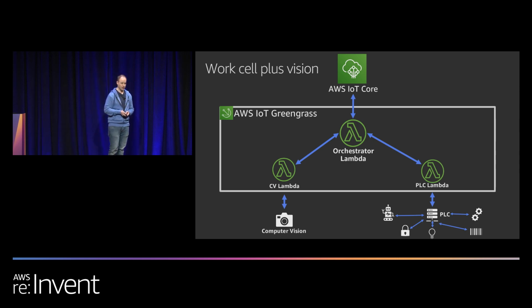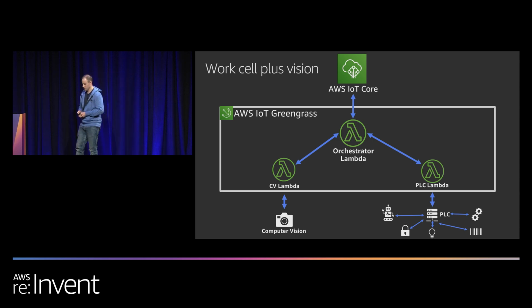We configure them to run in a pinned mode or a long-lived mode, and this is a bit different from the on-demand scalable lambdas that you're used to in the serverless cloud architecture. You can set them up in Greengrass to be scalable in an on-demand fashion, but we configure these ones as long-lived lambdas, and what that means is that the Greengrass system is going to instantiate one and only one process for each of your lambdas, and keep that process running as long as it possibly can, so that it's not designed to scale.